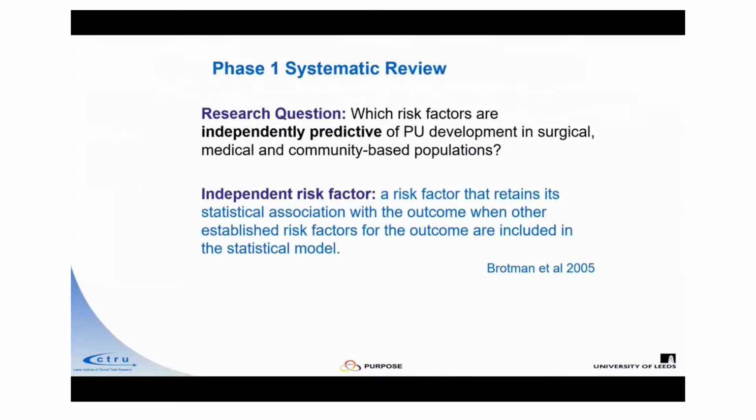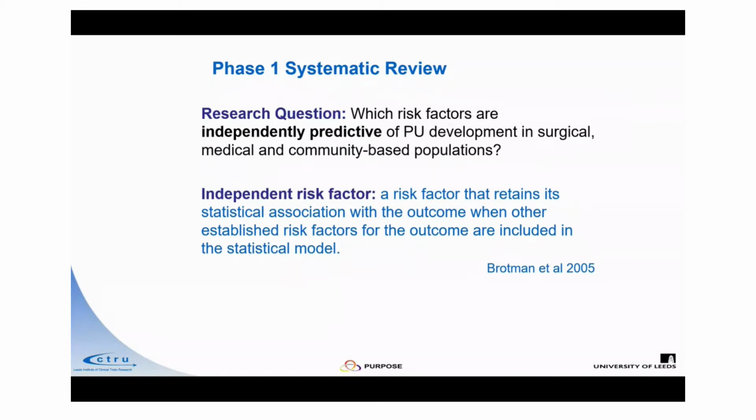So the systematic review question was which risk factors are independently predictive of pressure ulcer development. And by independent, we mean something that has a statistical association that's retained when you put lots of factors into a statistical model. So that's the key thing.